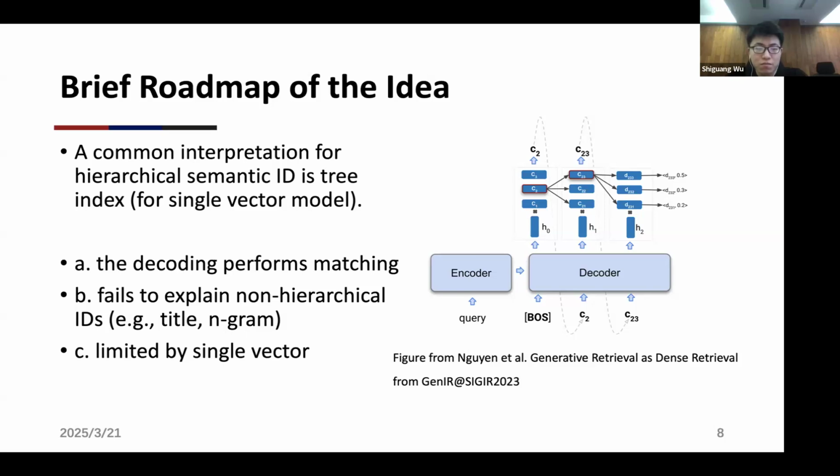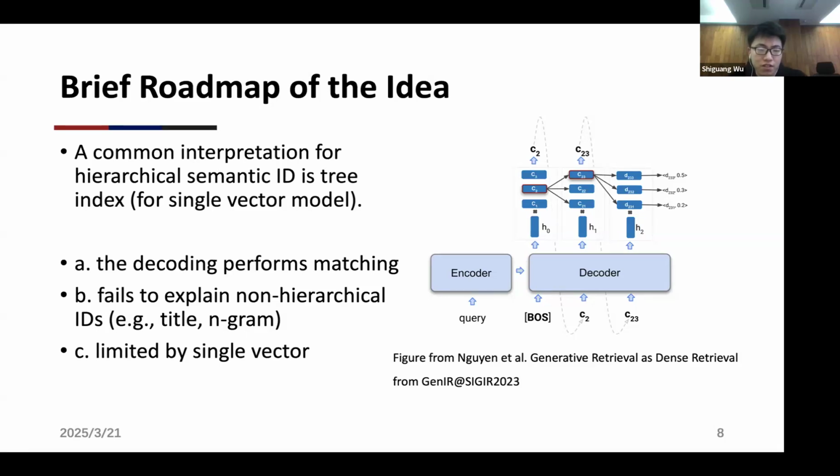so what we can see from their conclusion is that the decoder is actually the component which performs the matching. So the encoder just provides the vector representation of the query, and all this matching is done by the decoder. This is the first observation you can get from their conclusion.